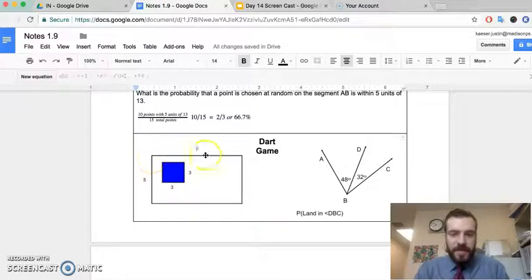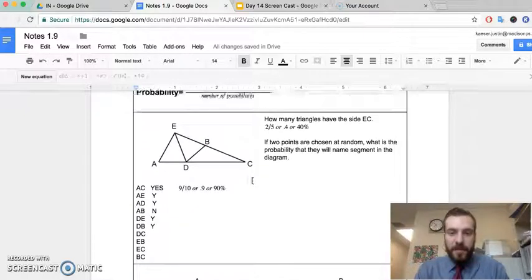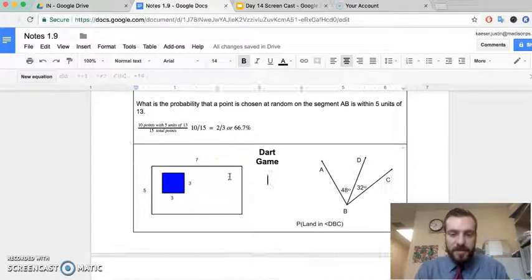So in this case, we're talking about area. So in this type of problem, you have to find the area. Well, what's the area of the big square? That's the bottom part. That's our number of possibilities, or that's the area that we could hit. That's the possible area we could hit. And we want to know what's the chance we hit in this little blue square.